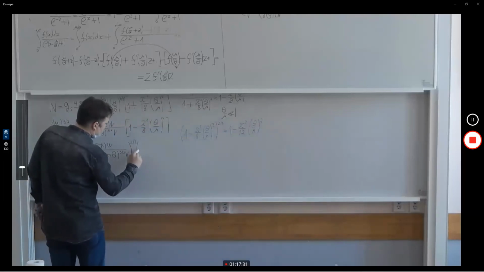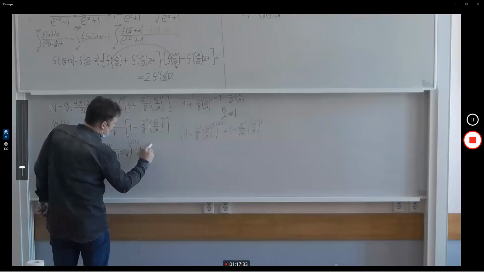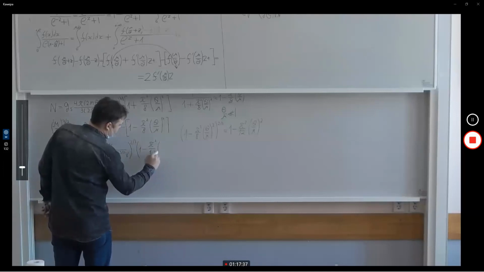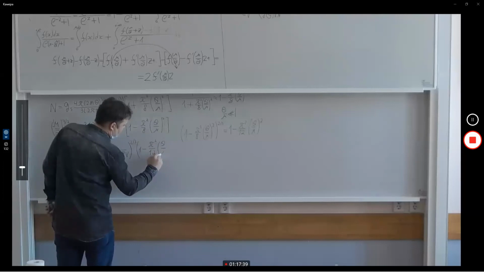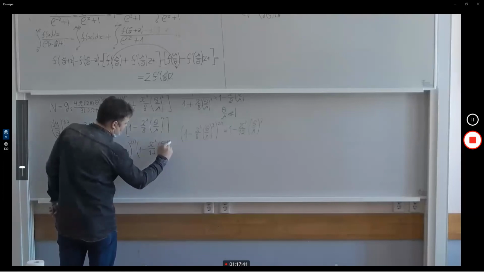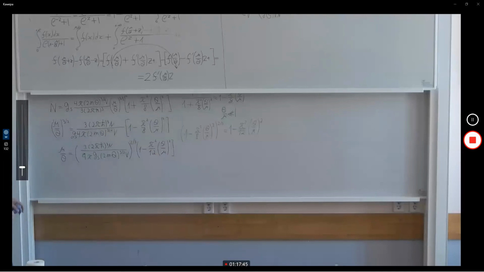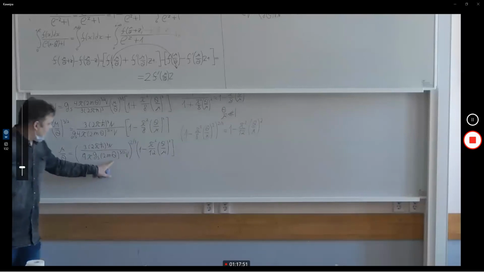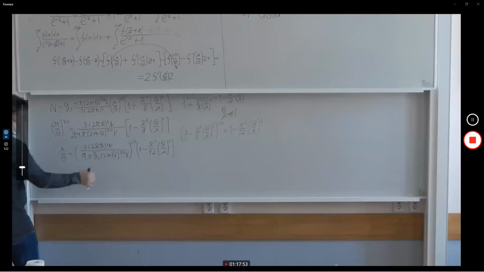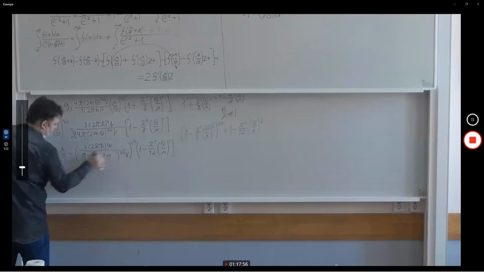So I get something like this: 1 minus π squared over 12 (θ over μ) squared. Please note that here θ is to the power -1, and here again to the power -1. So I erase θ.